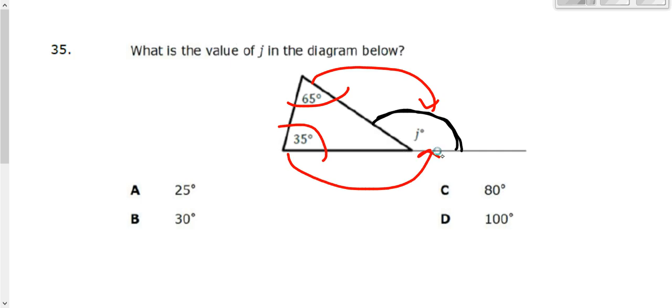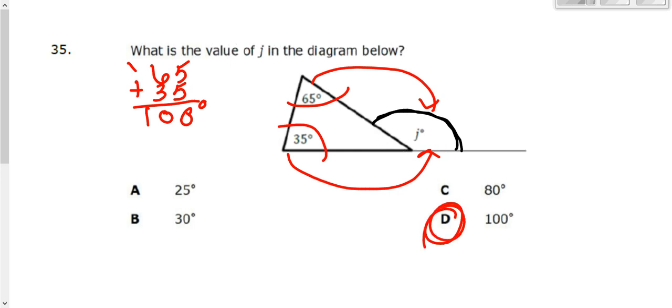They would fit right next to each other. So to symbolize that, we just add them, 65 plus 35. 65 plus 35 gives me 100. And that's what J would be. So number 35 is D, 100.